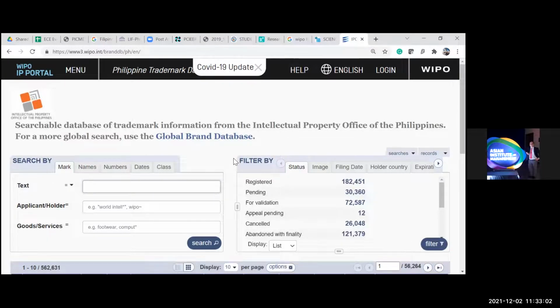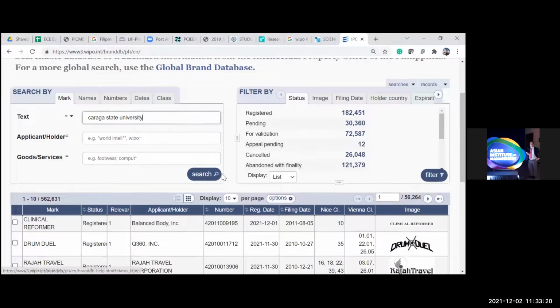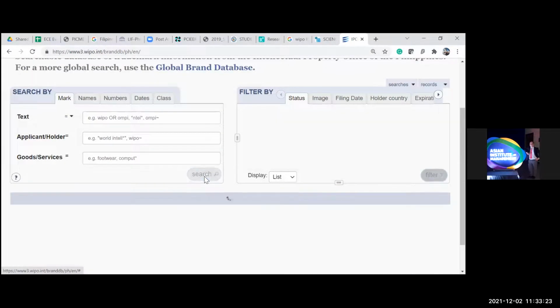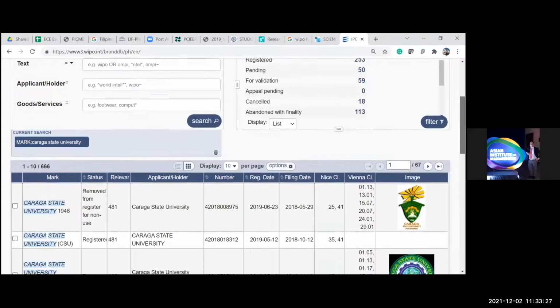For example, for us at Caraga State University, our technical expert in the office for trademark applications is Kenneth Sudad. He's the person responsible for most of our trademark applications. So for example, just simply search for the trademark.